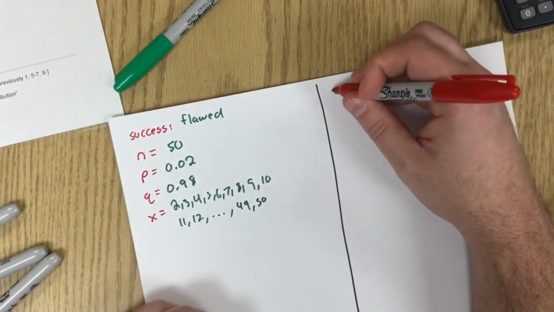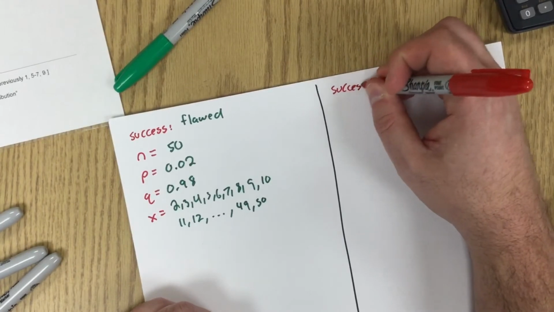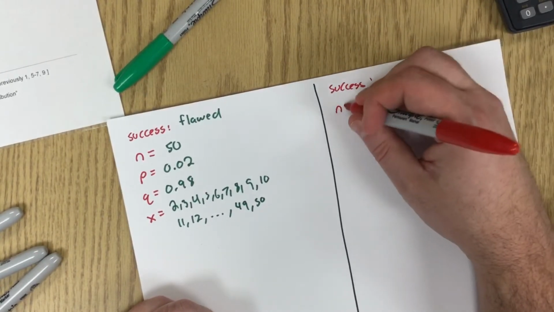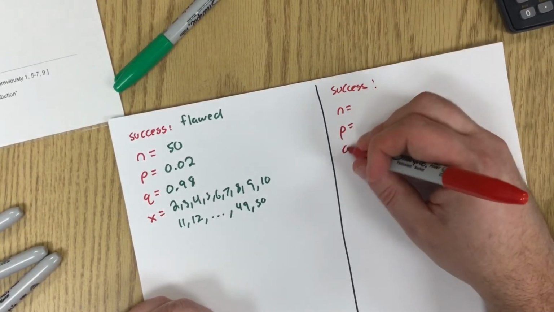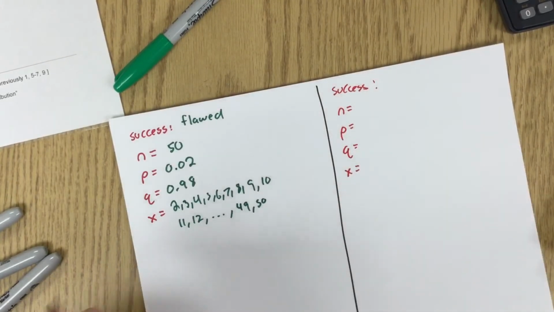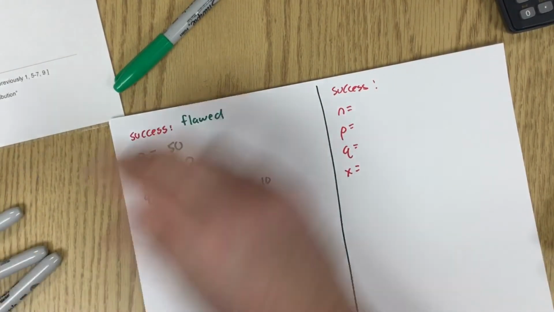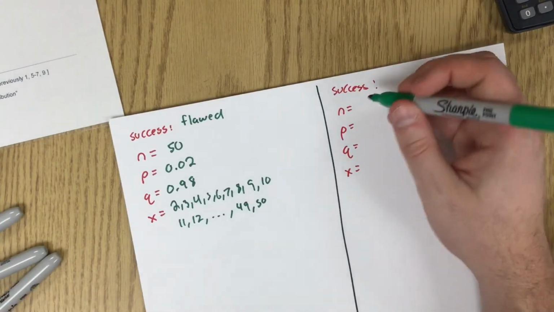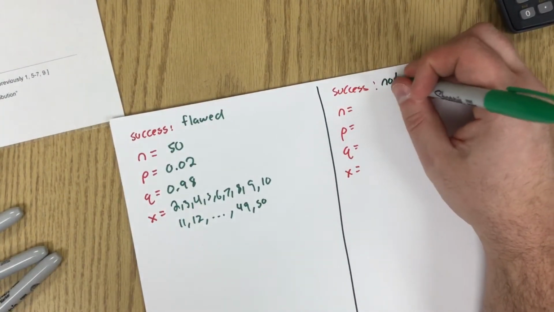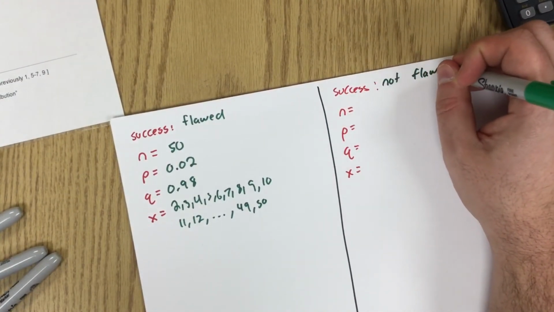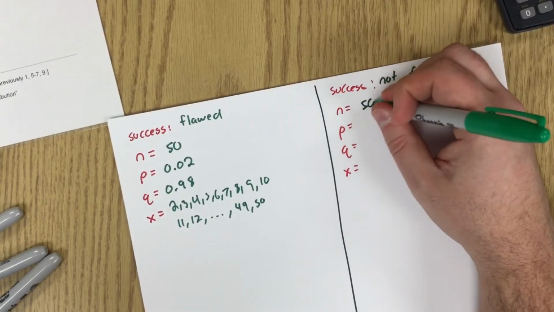And we're going to say that success, N, P, Q, X, is going to be not flawed. And we have our 50 trials.